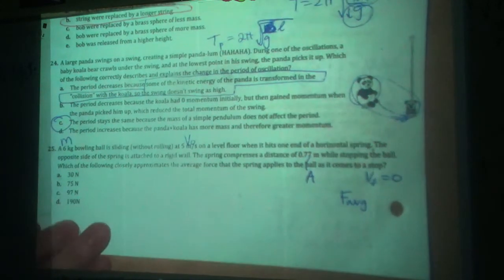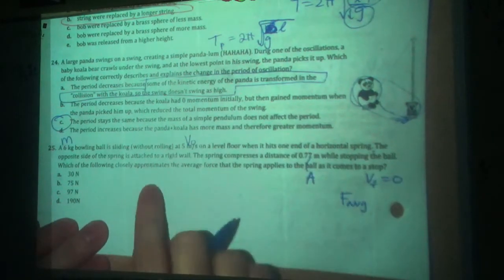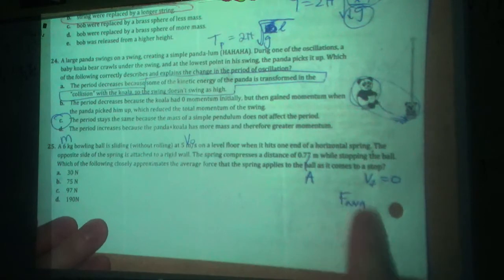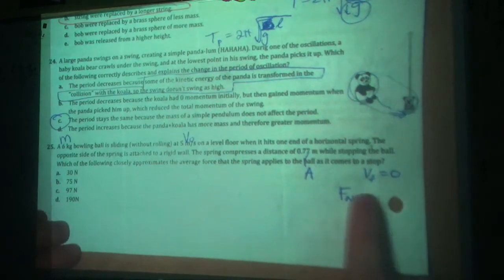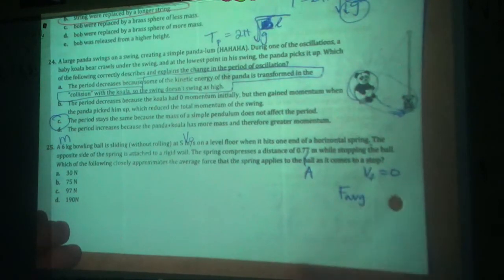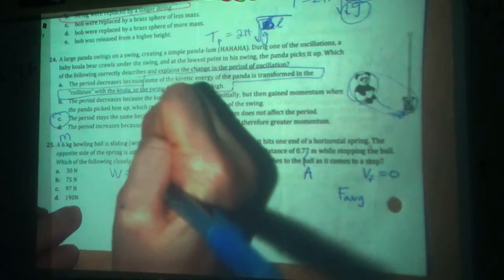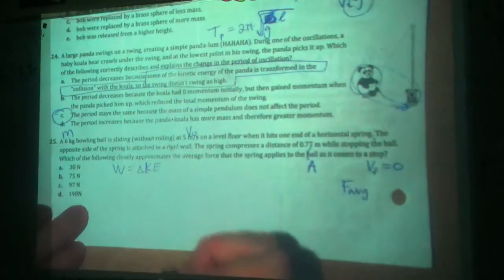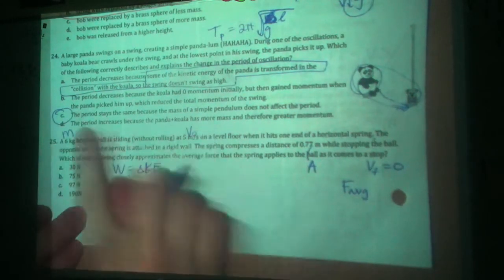There are 2 ways you can do this. You can use energy, kinetic going into potential, to find your k, and then use F average with kx. Or you can use work. I think work is actually a little bit easier here, because your work would be the change in energy, in this case the change in kinetic energy.